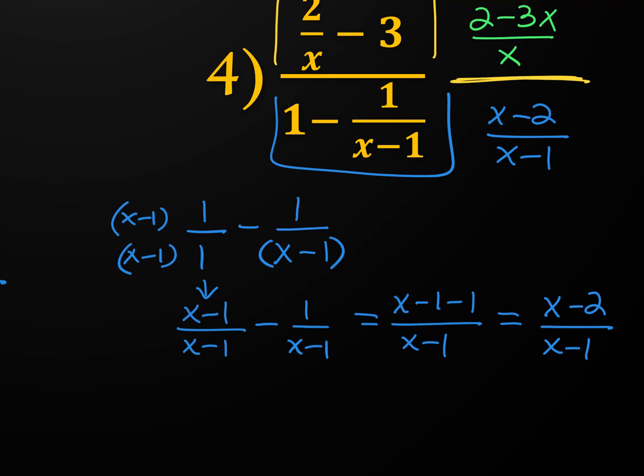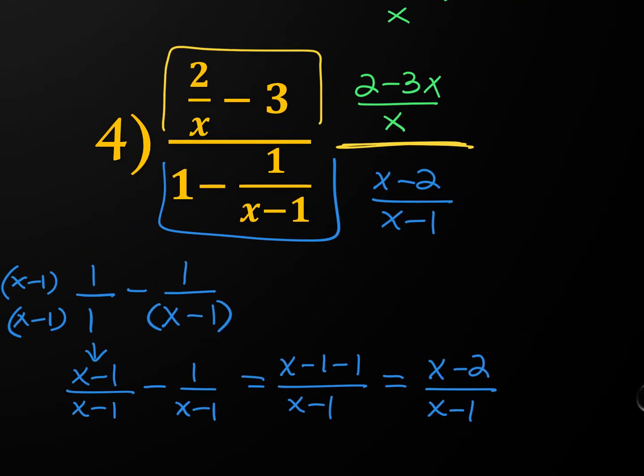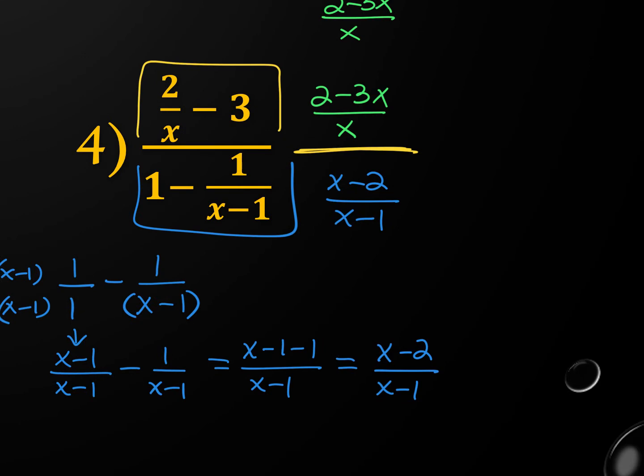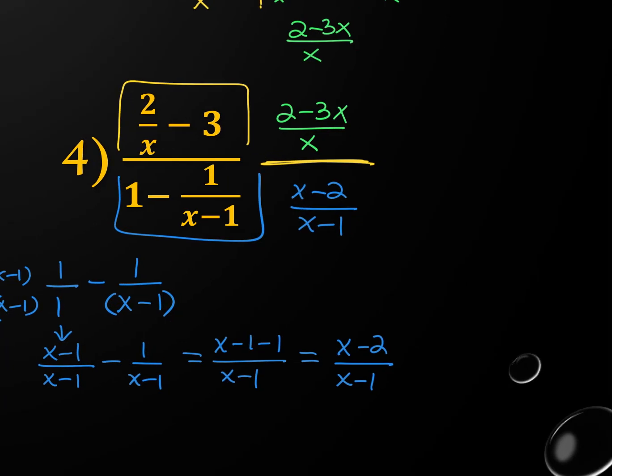Now I'm going to do like I did the first 3 problems. I'm going to divide these 2 fractions. So now that I've simplified the numerator, simplified the denominator, now I'm going to do 2 minus 3x over x divided by x minus 2 over x minus 1.